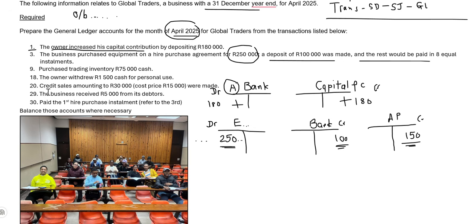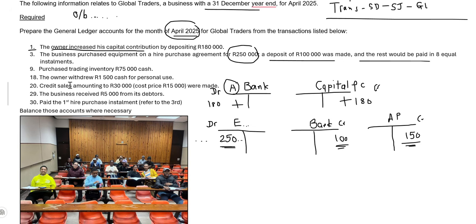On the 20th, credit sales amounting to 30,000, cost price 15,000. There are 4 accounts involved. Part A, record the sale. This was a credit sale, which will result in our debtors owing us more.